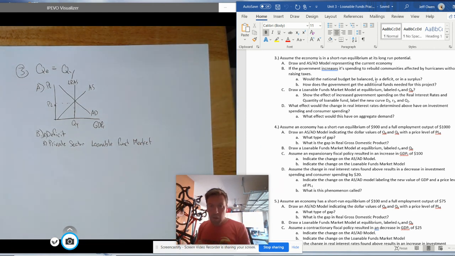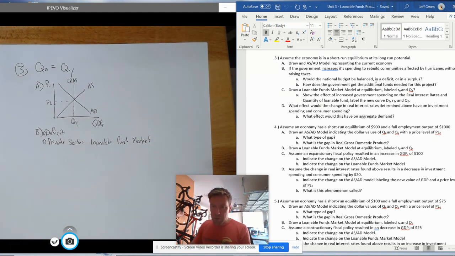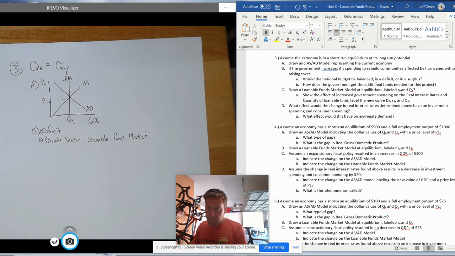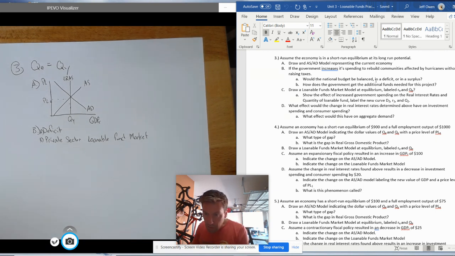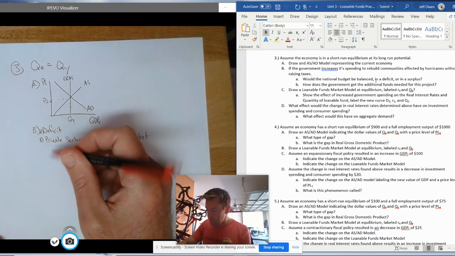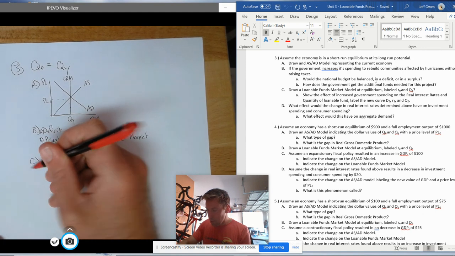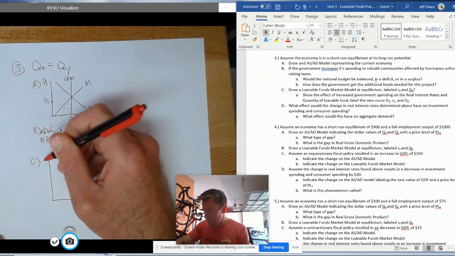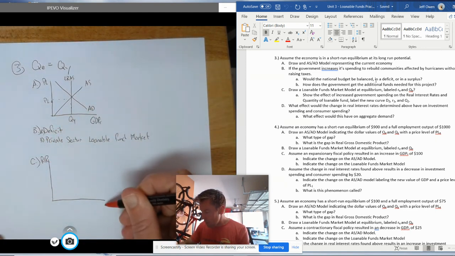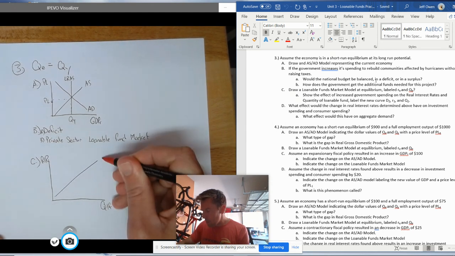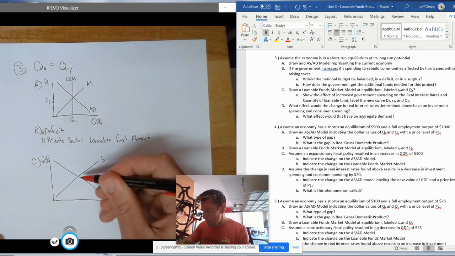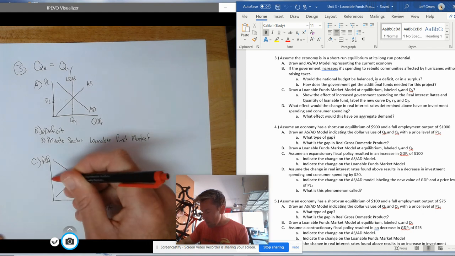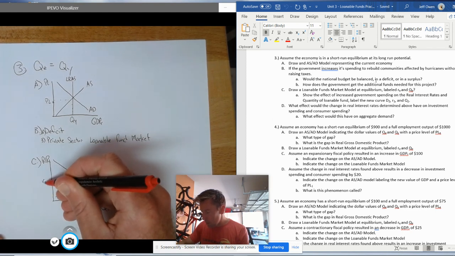Draw a loanable funds market labeled RE and QE and show the effect of the increased government spending on the real interest rates and the quantity of loanable funds. Label the new curve D2, R1, and Q1. Sounds good. So this is C. My initial loanable funds market would have our real interest rates, my quantity of loanable funds, supply and demand of loanable funds, my QE, my RE.